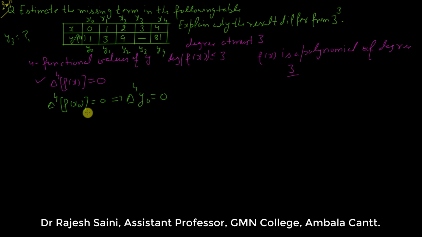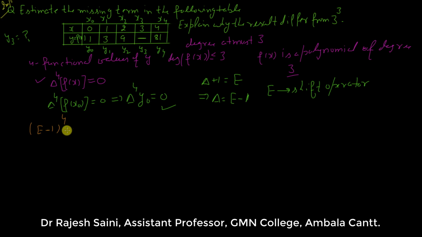So we know that a relation that delta plus 1 is equal to E, this implies that delta is equal to E minus 1, where E is nothing but shift operator. Fine, this is shift operator. Now use over here, what we will get? We will get (E minus 1)^4 y0 is equal to 0.